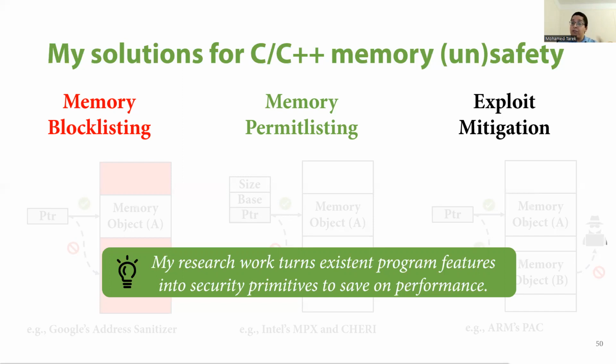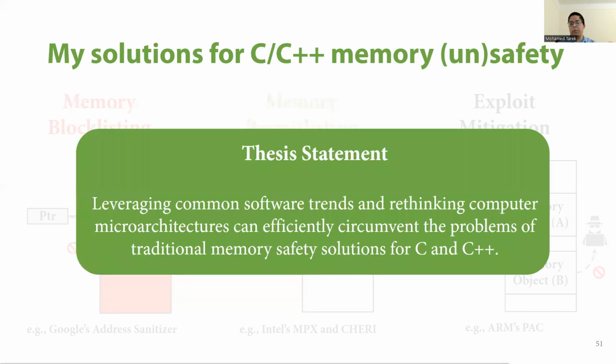This way, we can save on performance because the program is already doing what it is originally designed to do. To be more specific, I argue that leveraging common software trends and rethinking computer microarchitectures can efficiently circumvent the problems of traditional memory safety solutions for C and C++.